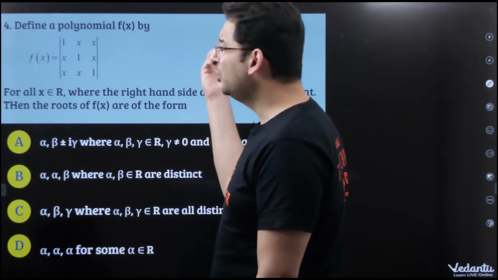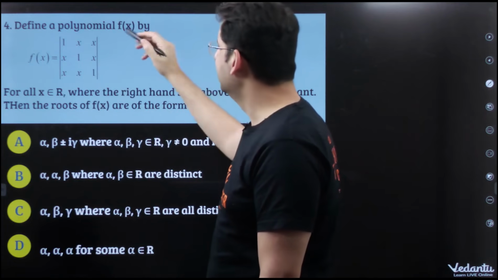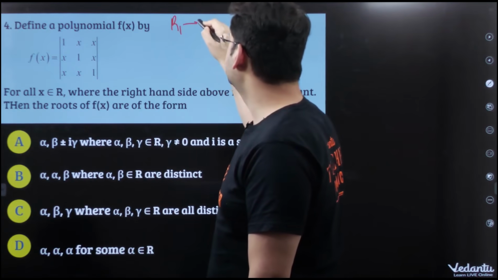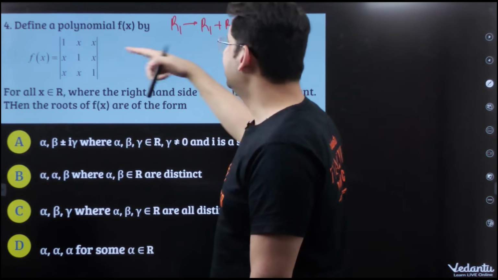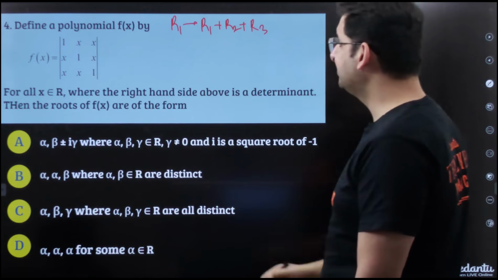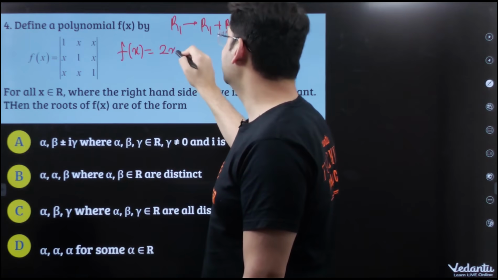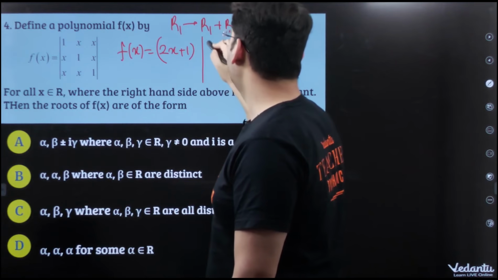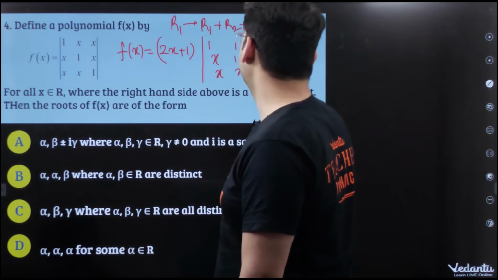So what do we do? The standard is to add everything up row wise or column wise. So again we can do R1 goes to R1 plus R2 plus R3. So basically 1 plus x plus x, 1 plus x plus x, 1 plus x plus x. So 2x plus 1 can be taken out. So f(x) is equal to 2x plus 1 into the determinant of 1, 1, 1, x, 1, x, x, x, 1.